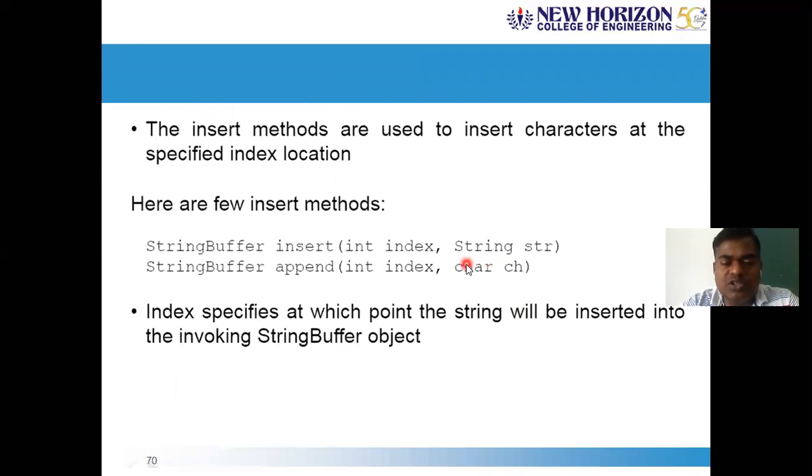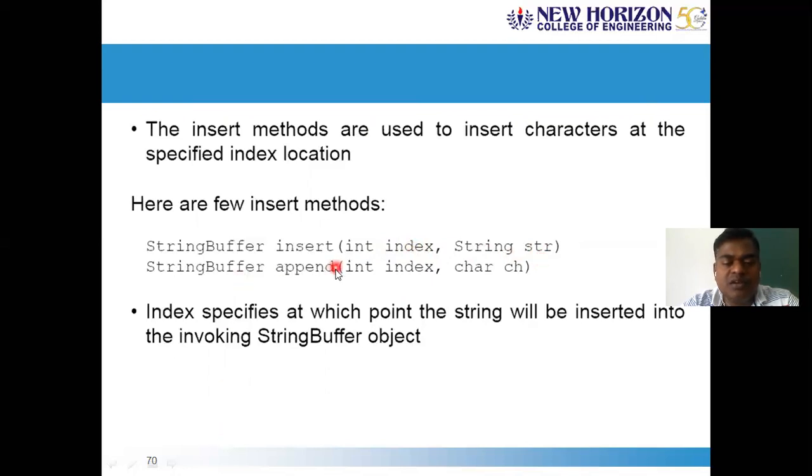Insert also comes with two forms, sorry, two arguments, not constructors. The first one is insert of int index, where you give the index value at which the character or substring needs to be inserted, and the second argument is the string you want to insert at that particular position.